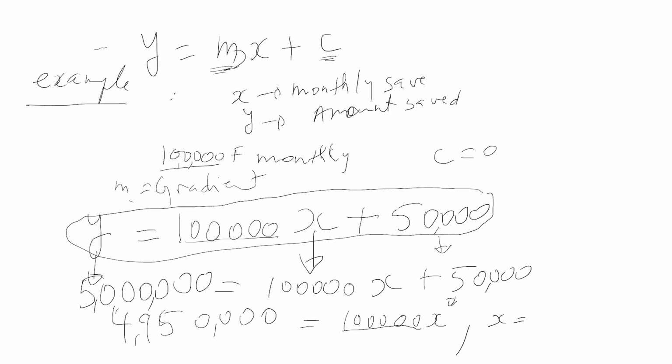When you remove the 2 zeros of the 100 from this number, you will get 49,500. Remember, the unit is in months. It will take you 49.5 months to get a target of having savings of 5 million.